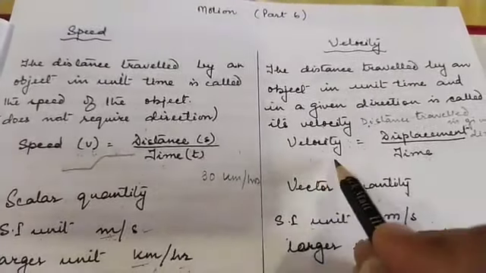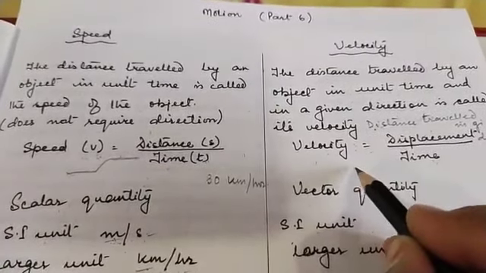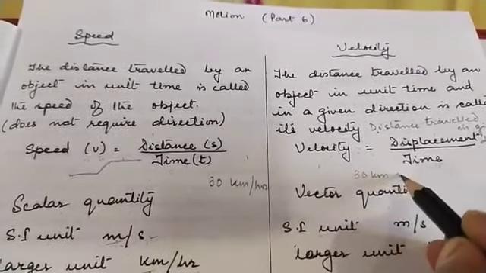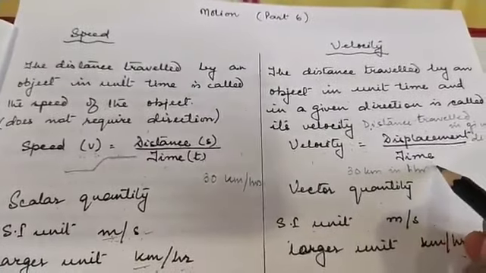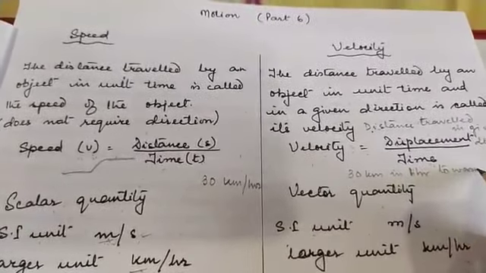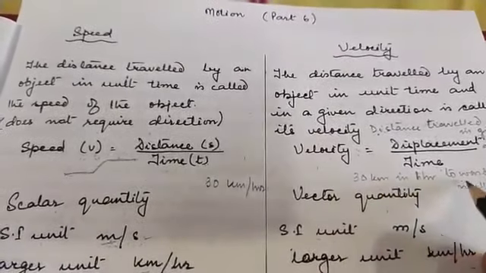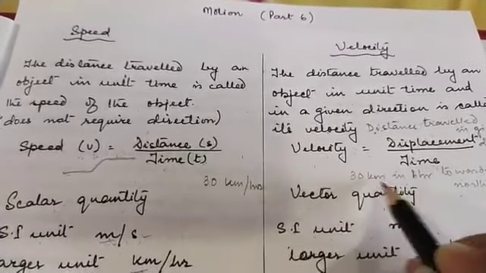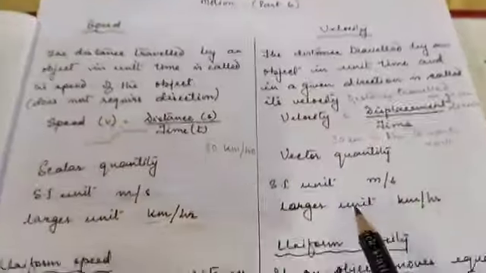For example, if I say that the car has traveled 30 kilometers in one hour towards north, then this becomes the velocity. Understood?